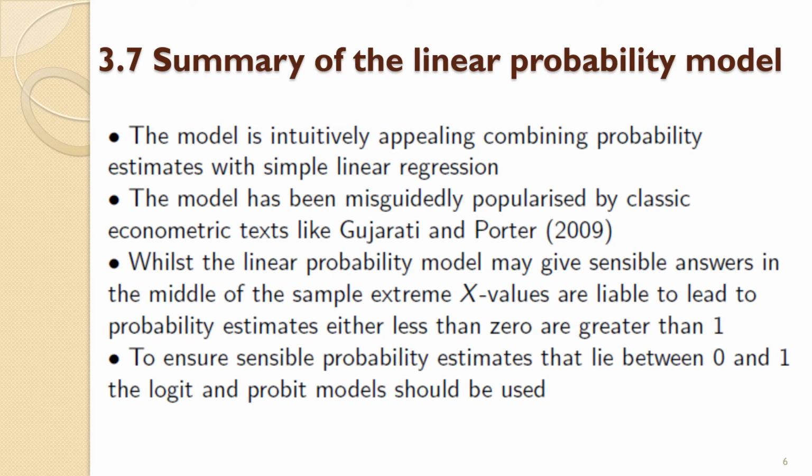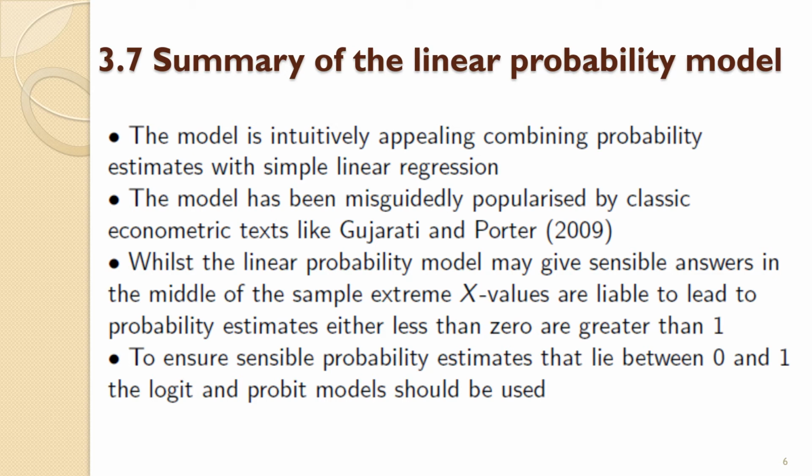I think with this linear probability model, you're likely to get relatively sensible estimates of probabilities in the middle of the sample, but as we'll show later in the lecture, extreme X values are liable to lead to probability estimates that are either less than 0 or greater than 1. Going back to high school maths, any probability that makes sense must lie between 0 and 1.